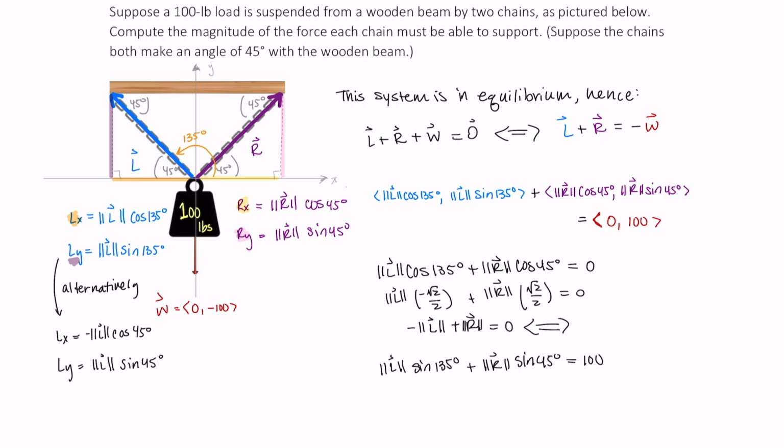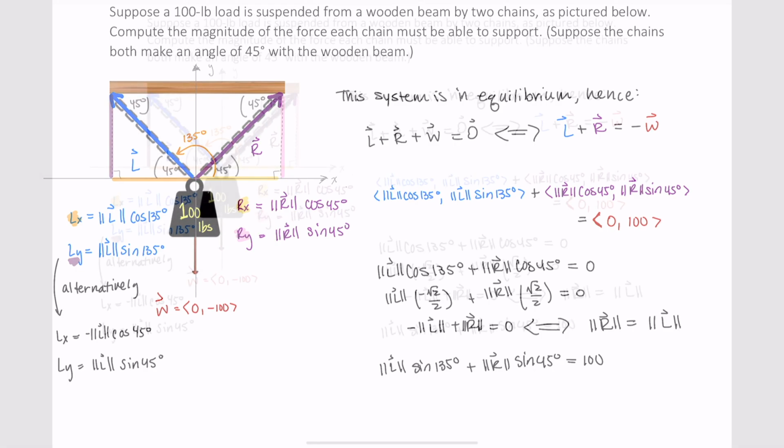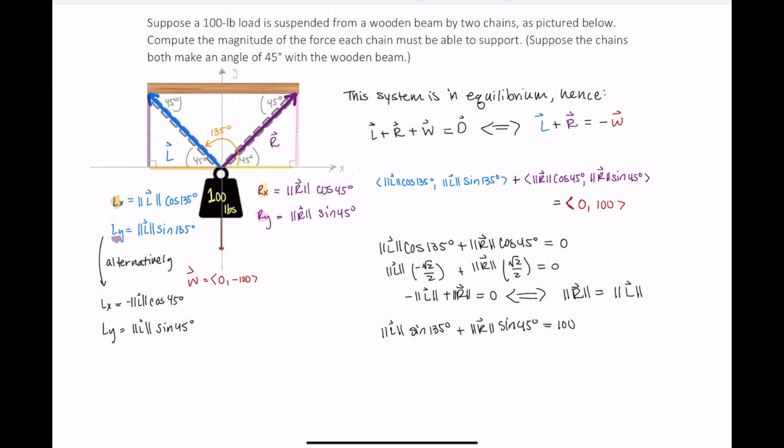Well, I can rewrite this as R's magnitude is equal to L's magnitude. Now let's pause real quick. Does this make sense? Well, looking at the diagram, it's clear that, yeah, these chains are definitely the same length, and they must be holding up the same force. All right, next, let's keep going.